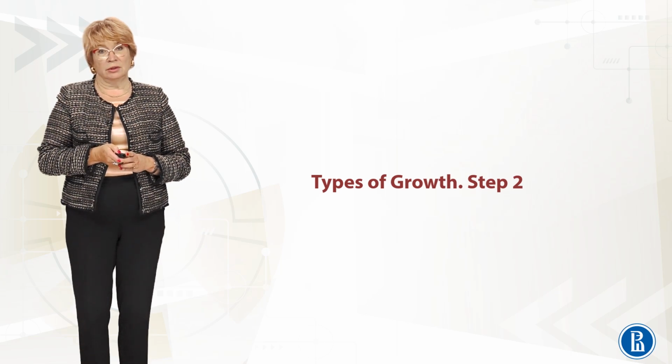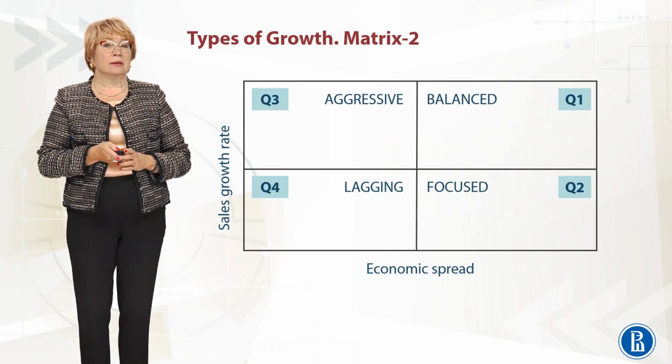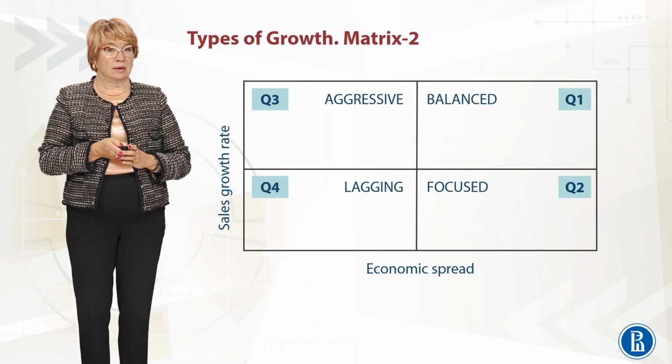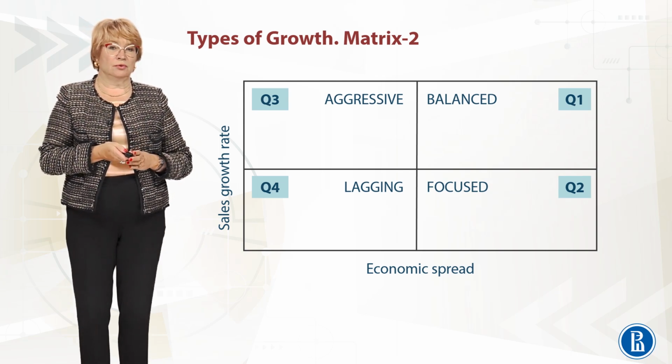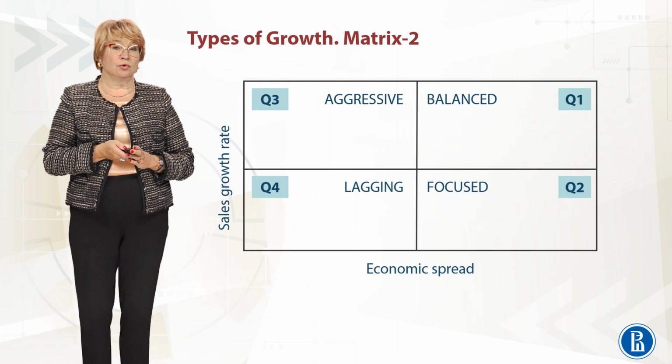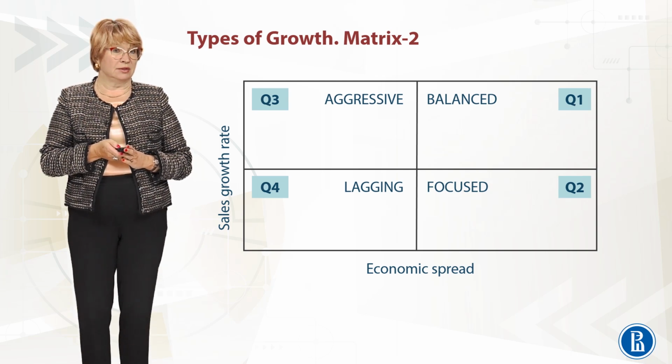To continue, we need to move forward, and step 2 is adding additional metrics which are also very useful for the growth analysis on the basis of the finance-based approach.